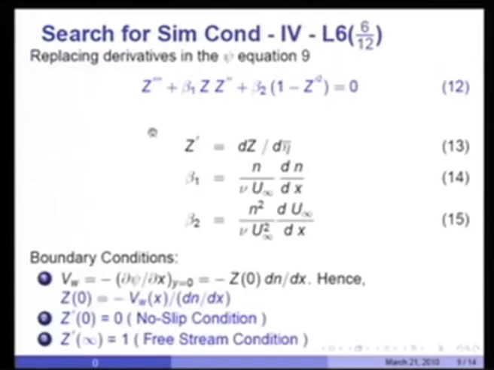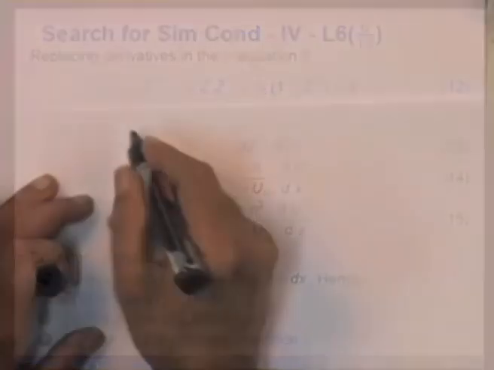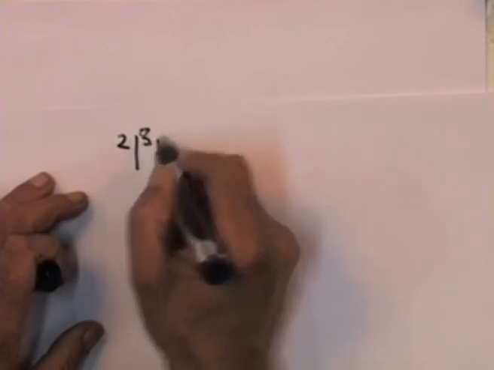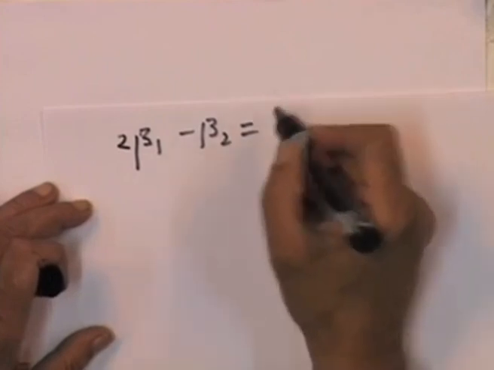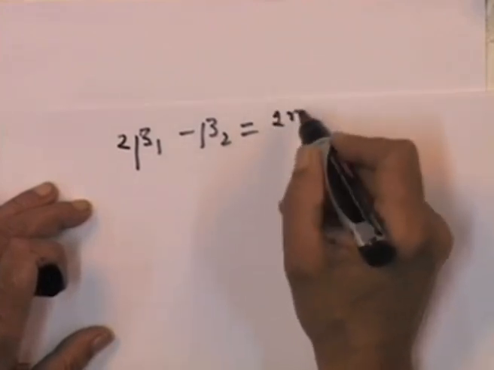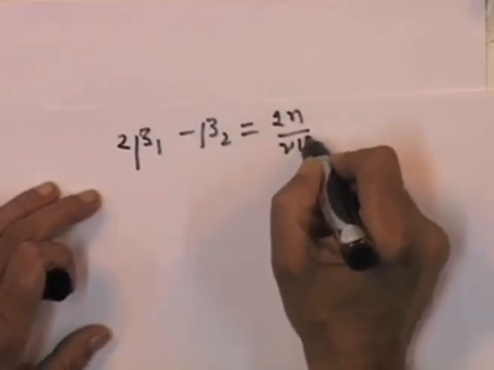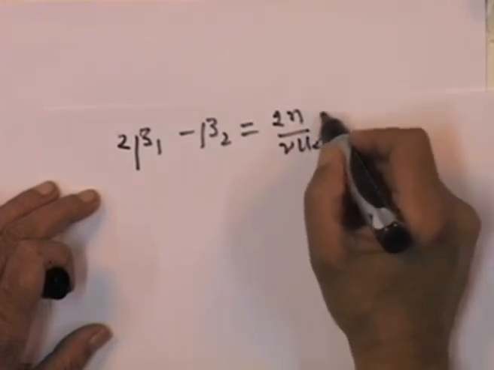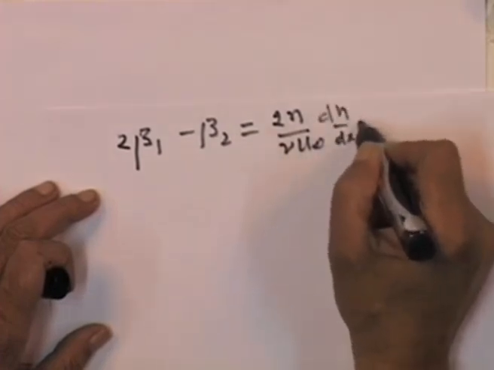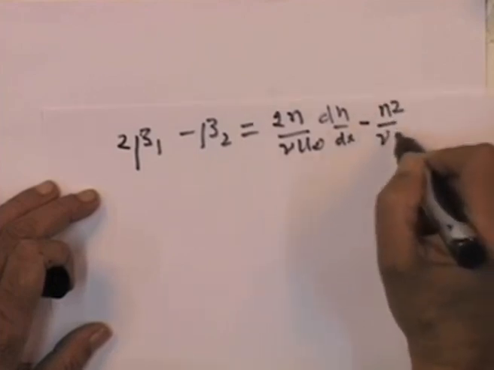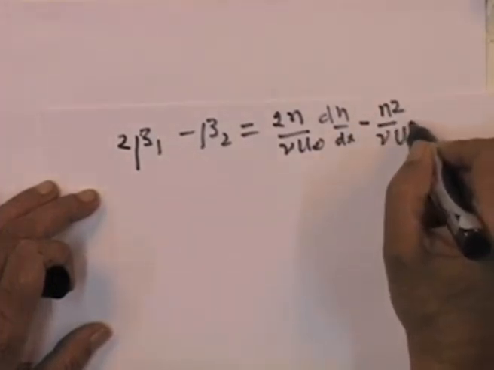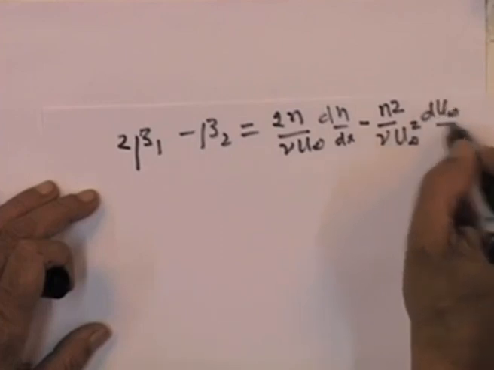So, I am writing now 2 beta 1 minus beta 2 equal to 2 n divided by nu u infinity dn by dx minus n square by nu u infinity square du infinity by dx.